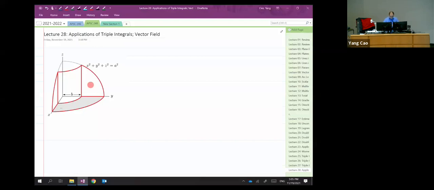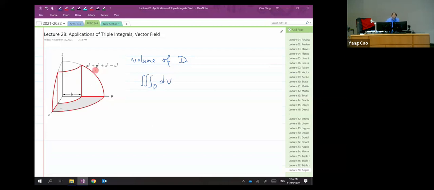The question is asking for the volume of this region D. This one is a little bit tricky because of how you find the limits. Volume of D, basically you're looking for this expression, triple integral of D dV.